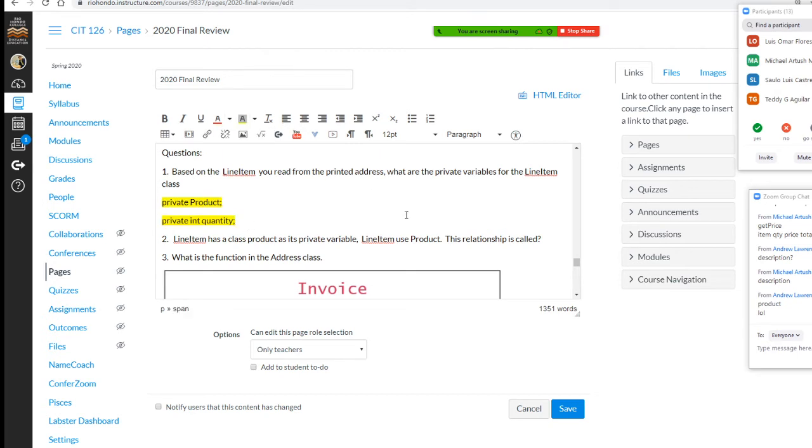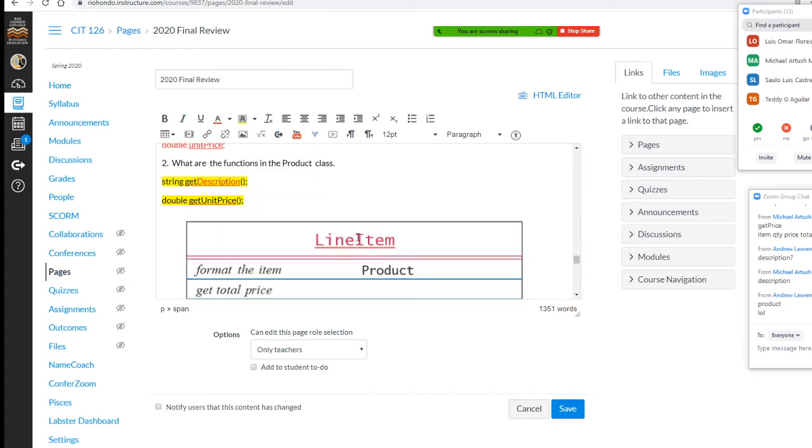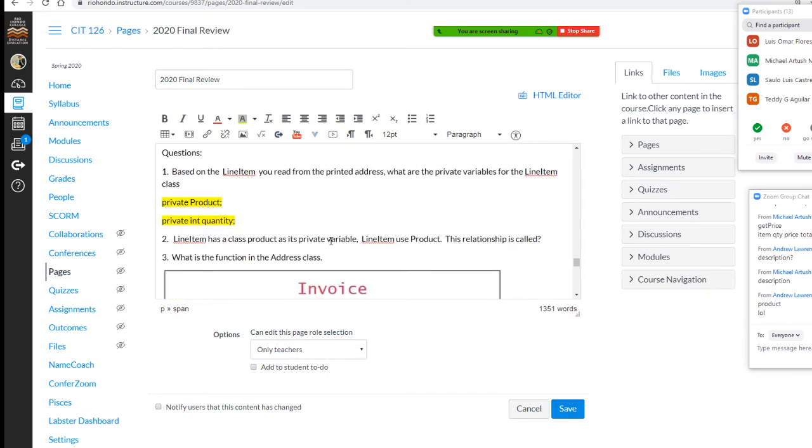Let me ask you this. So line item has a product. Line item has a class product as a private variable. So line item uses product. Is that right? This relation is called what?